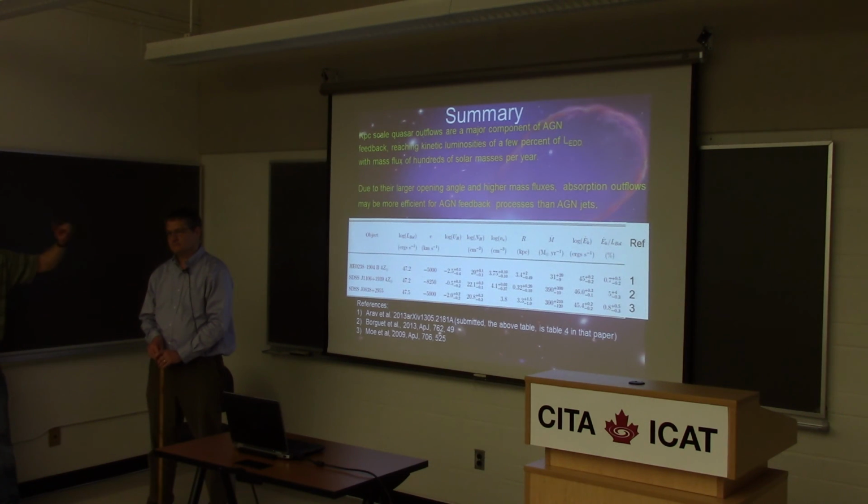It's even going faster than, say, 1,000 kilometers a second. The dynamical time, R over V, is way less than 10^8 years. Yes. Okay. So if you were to do the thought experiment of setting out this very fast outflow with enough kinetic energy to entrain a lot more mass than this, why isn't it happening? Because you're right that on a 10^8 year time scale, you might well have a mass bottleneck.